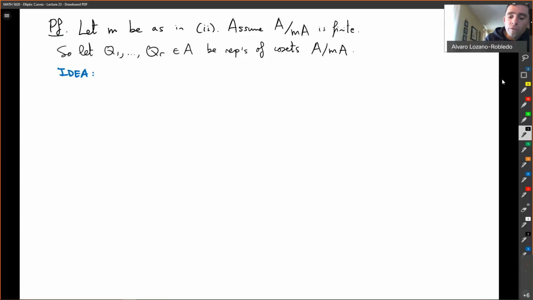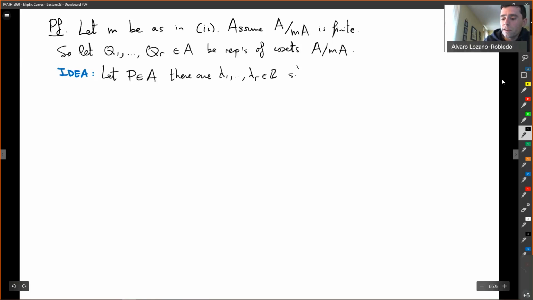So for a P in A, there are some integers lambda 1 through lambda r such that P minus lambda 1 Q1 minus ... minus lambda r QR belongs to a set S of bounded height.